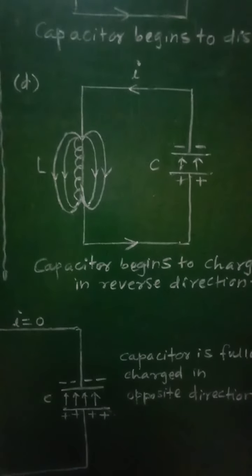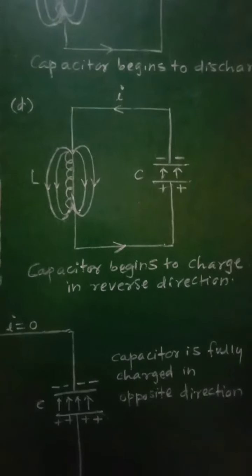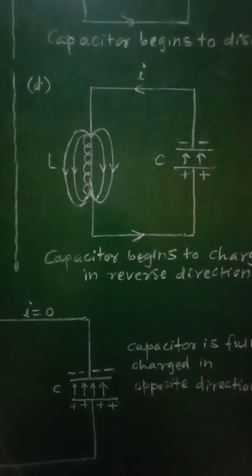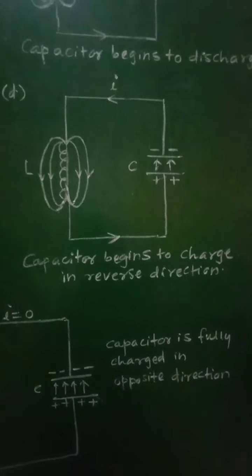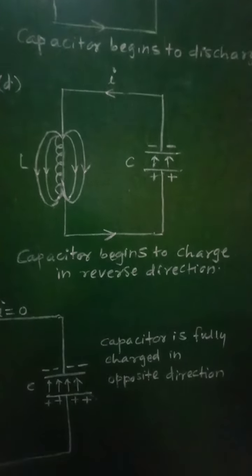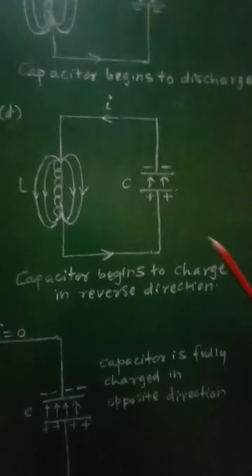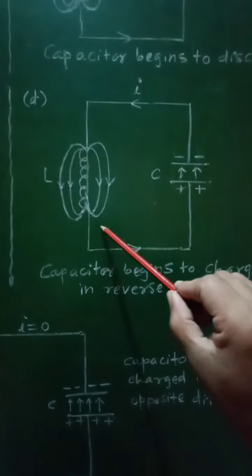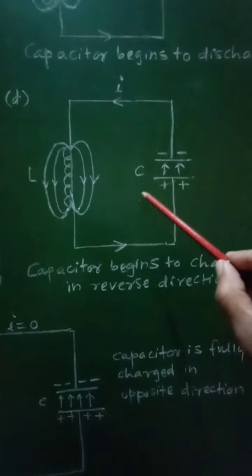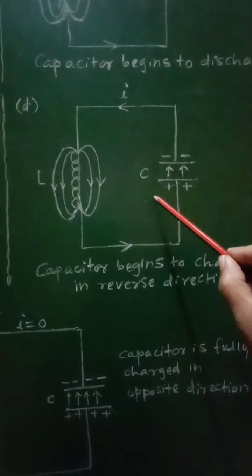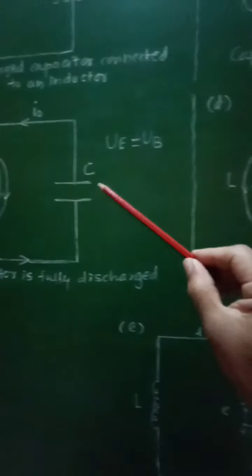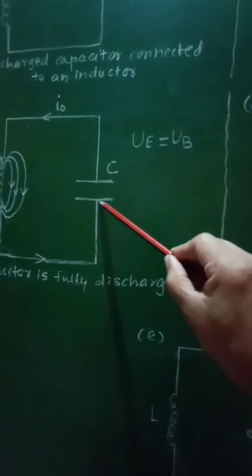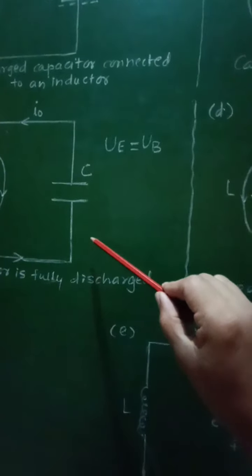So the charging process of the capacitor will now go on in this fourth case, and the magnetic energy of the inductor starts converting into electrostatic energy of this capacitor. In this third case there were no charges present on the plates of the capacitor as it is fully discharged.